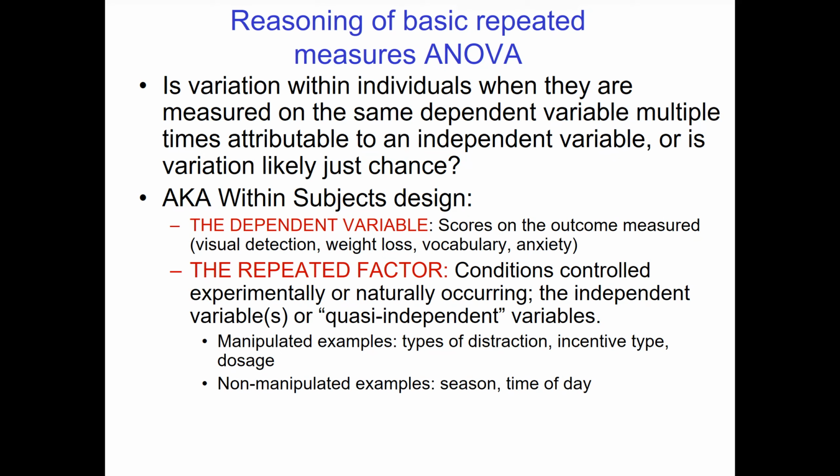So is it related to the time they are measured as opposed to chance? Is their dependent variable, say an outcome, related to the time of measurement, or is their outcome stable across time where any changes across time are essentially chance?